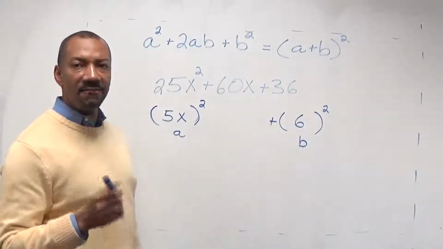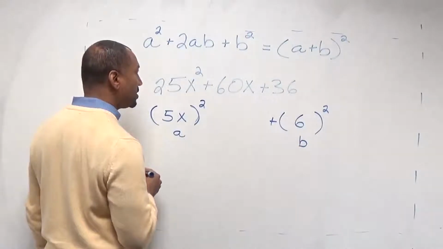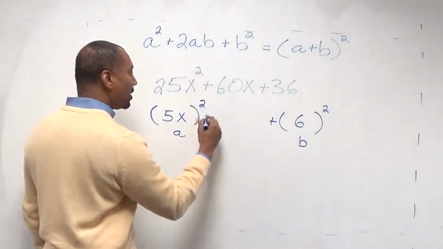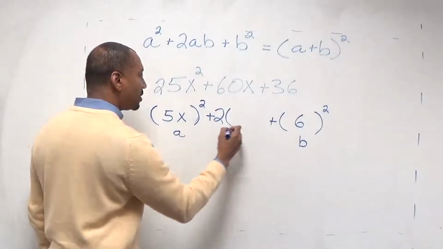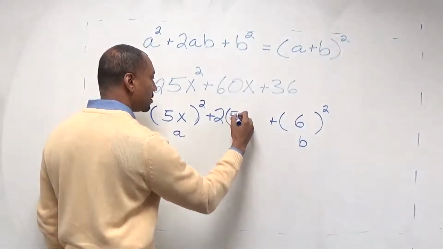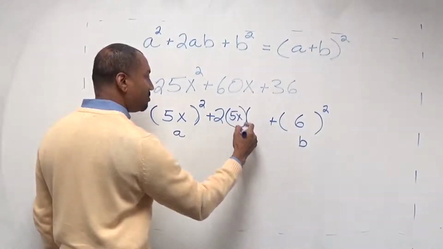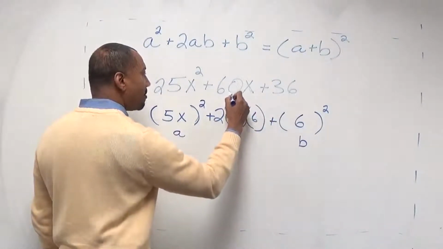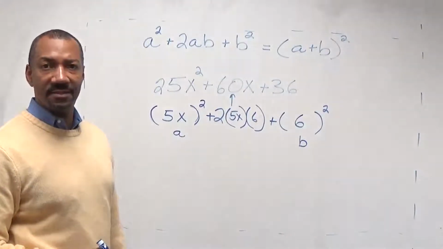Your last and final check is, because you see the 2ab here in the middle, we're going to see if 2 times what I said was a, in this case 5x, times what I said was b, which is 6, does that all multiply out to give you back 60x?